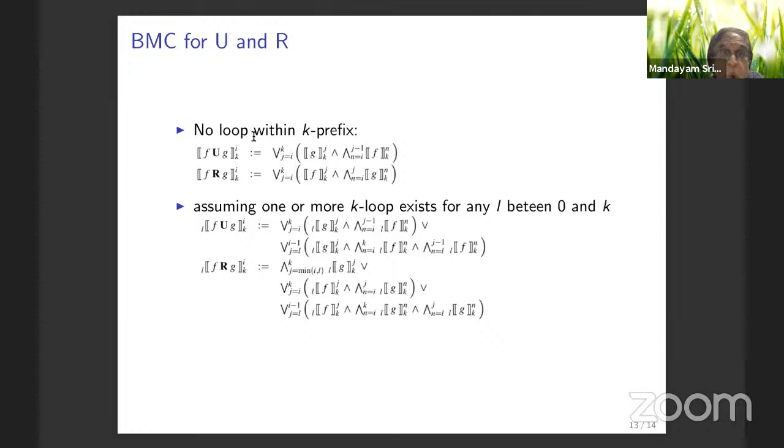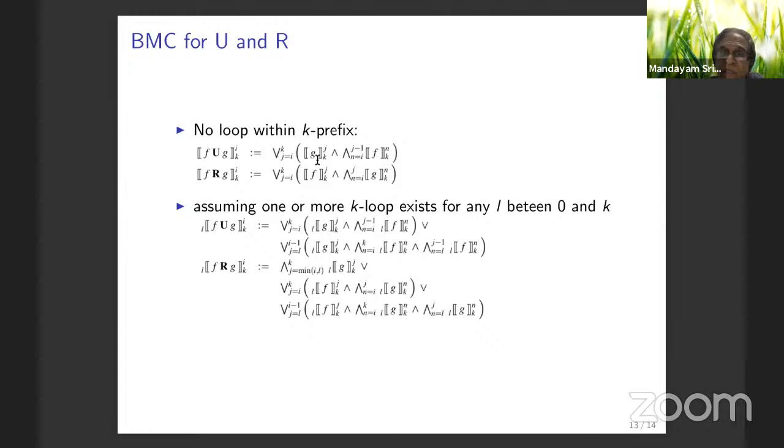So if there is no loop, then this is true. For the infinite path, if G is true at some point between I and K, correct?